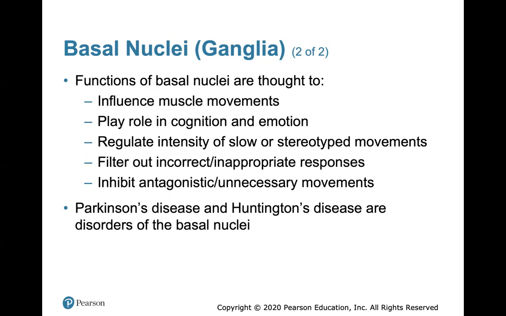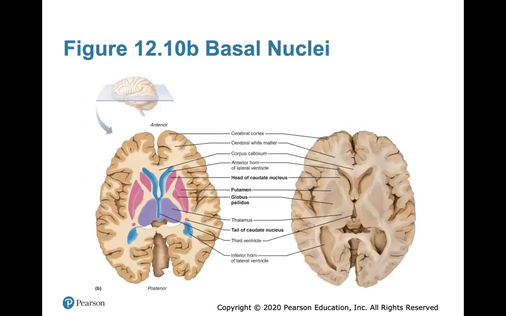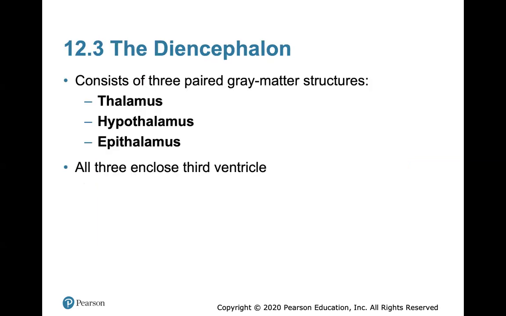Parkinson's disease and Huntington's disease are disorders of the basal nuclei. So it will influence greatly muscle movements, cognition, emotion, and intensity of slow movement. Parkinson's disease is sometimes characterized by tremors, so the inability to control the shaking of the hands. So here's a look at where basal nuclei is located throughout the brain.